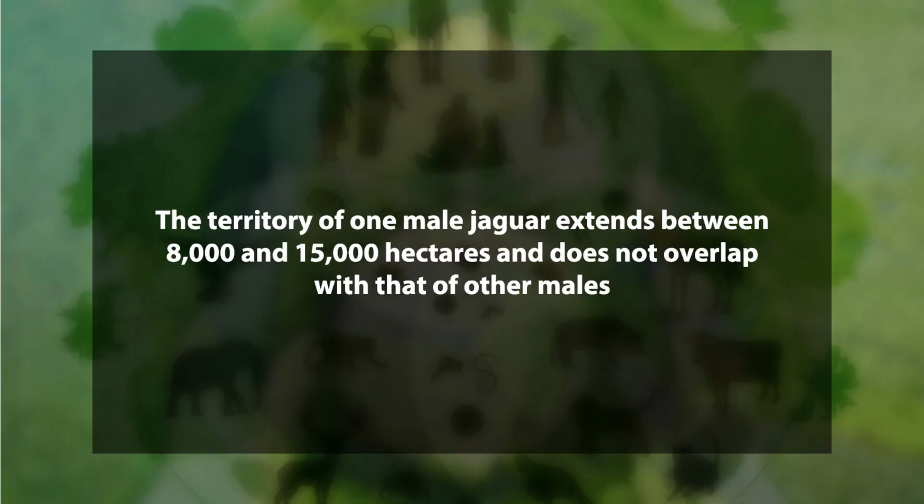The territory of one male jaguar extends between 8,000 to 15,000 hectares and does not overlap with that of other males. Females, on the other hand, require expanses half that size.